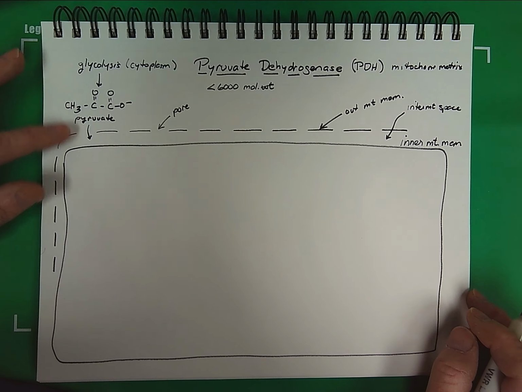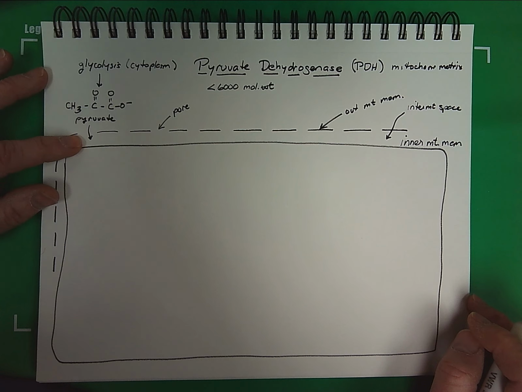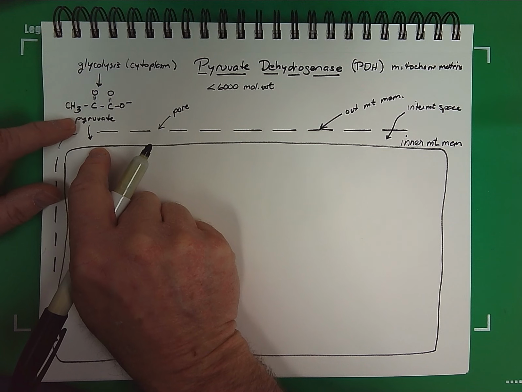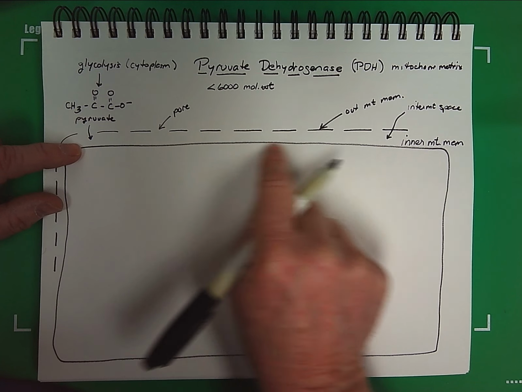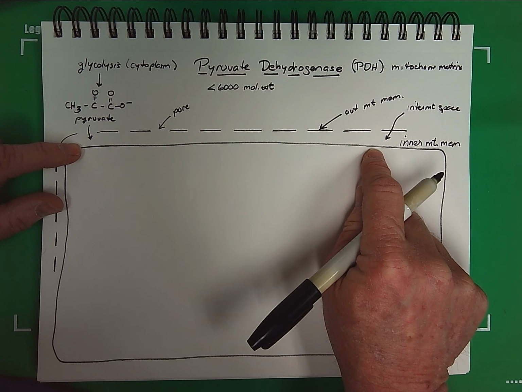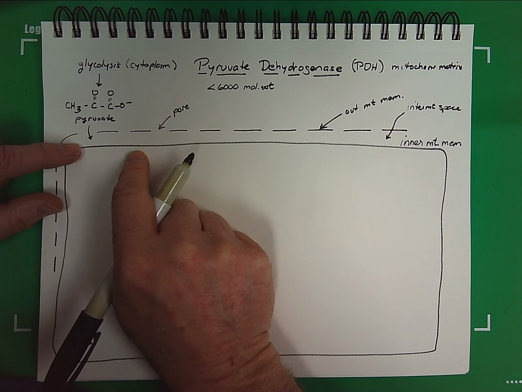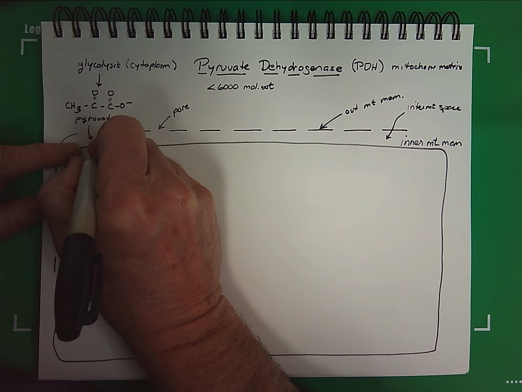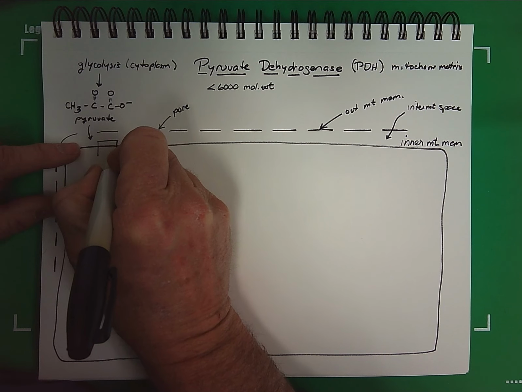Now, once we have our pyruvate in the inner membrane space, then we have to use a transporter to transport the pyruvate across the inner mitochondrial membrane. Passage of any molecule is highly regulated across this inner membrane. So the way we're going to transport this is that we are going to use the power of a gradient.